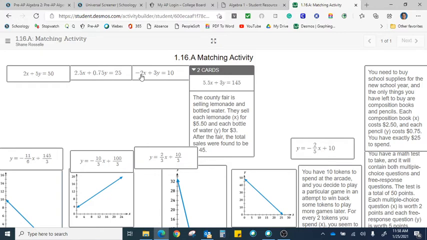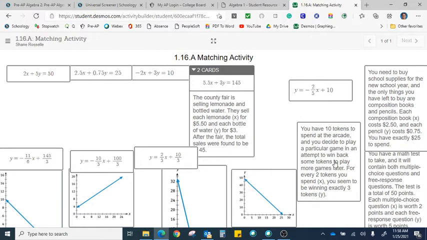Now this one says we have a negative. And you notice all of these here are positives. Okay, so we're going to have to look for some wording that is negative. So subtracting something from something, right? So if we look for it and we go down here, so you have 10 tokens to spend at the arcade, and you decide to play a particular game in an attempt to win back some tokens to play more games later. For every 2 tokens you spend, okay, so spending is not positive, spending is negative, right?